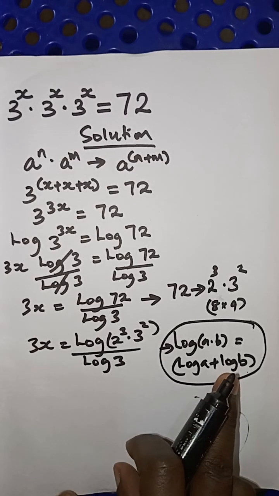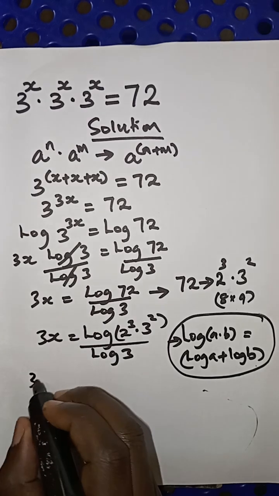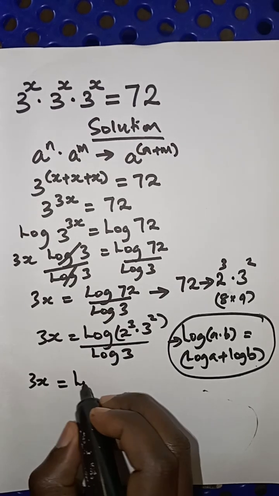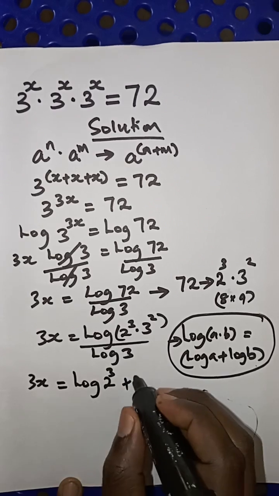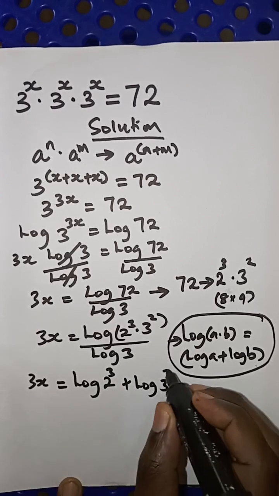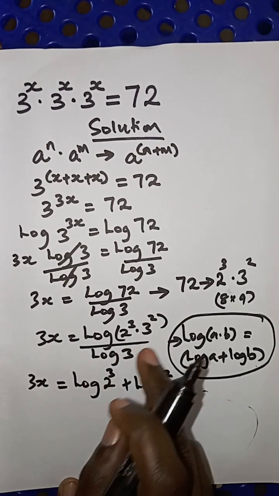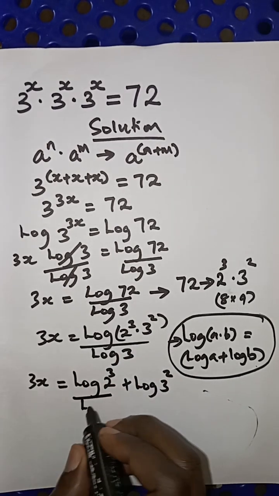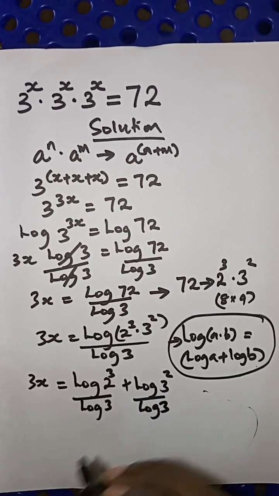So this is what is guiding us. Applying it here, I end up with 3x equal to the log of 2 power 3 plus the log of 3 power 2, and of course everything is under log 3. So separating them, I end up with that.